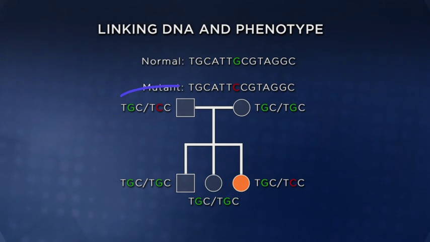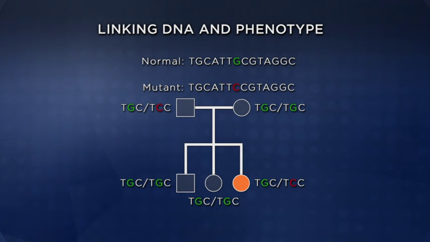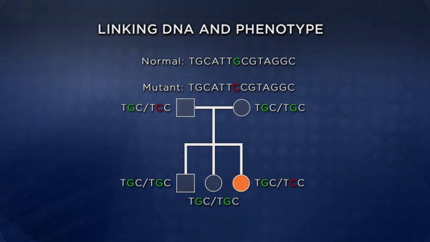So here's a father who is heterozygous. He has the normal allele, TGC, and he has an allele, TCC, as well. Mom is homozygous for the typical allele, TGC, TGC. One of the daughters is homozygous. She got the good allele from mom and the good allele from dad, so she's homozygous for the G at that point.